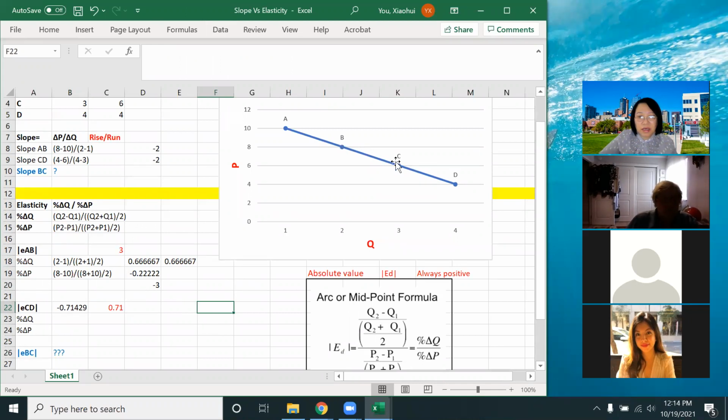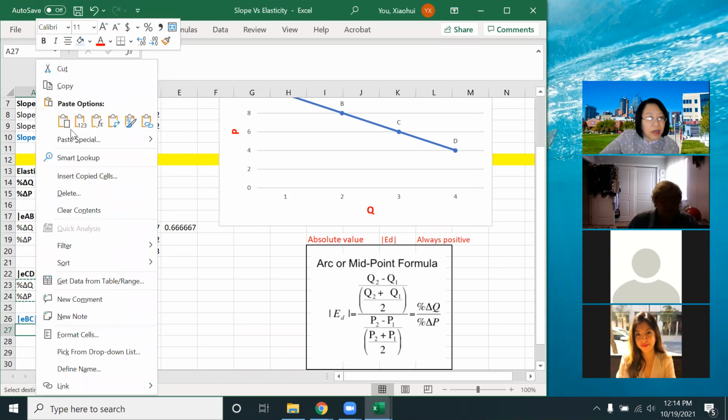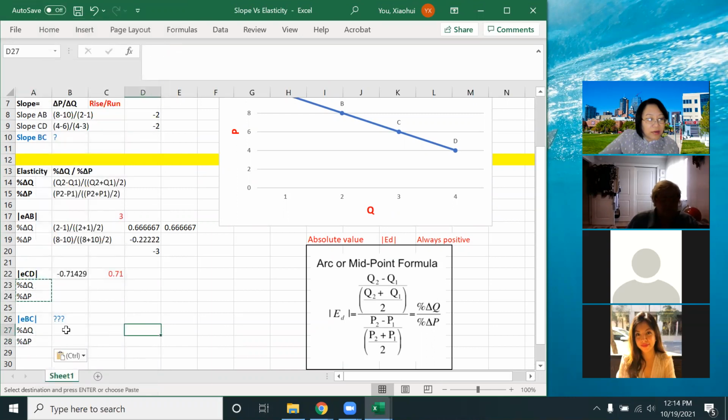Calculate EBC. How about I calculate this one here and you can tell me the value.